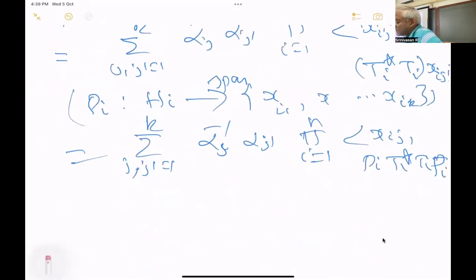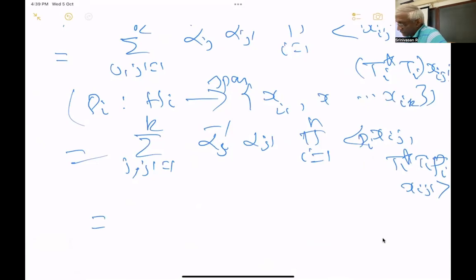You can put a Pi. Pi is the projection. You apply Pi here if you want, then you can bring the Pi to the other side. If you want Pi of Xij prime, these are all in the range of the projection, so you can insert a Pi. Doesn't matter. You can bring the Pi to the other side.